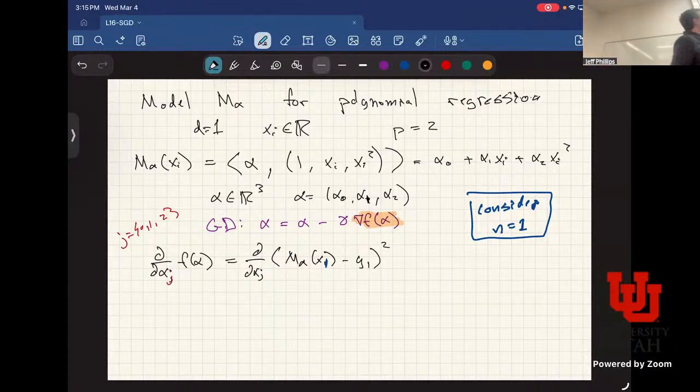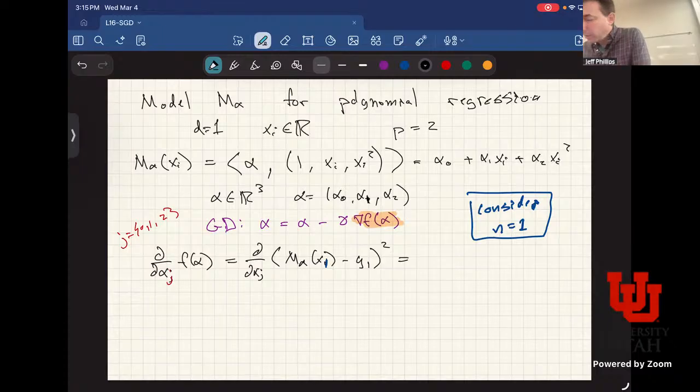When I only have the n equals 1 case, this is my whole loss function, and I need its derivative with respect to just the alpha j coordinate for j equals 0, 1, or 2. Okay, and so one way of taking the derivative, I have some function that I squared.